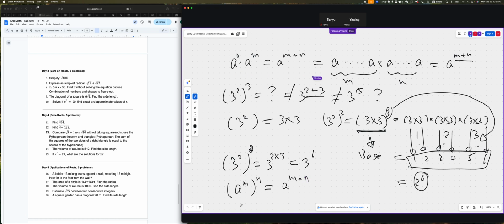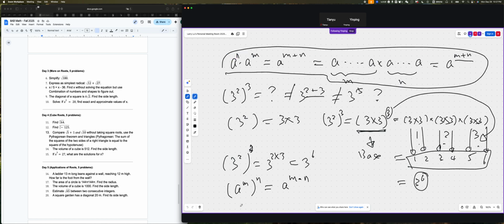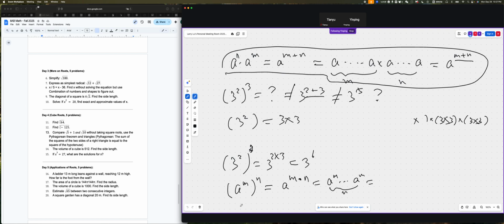Because a power m is a times a, m of them, and totally I have n of those groups.